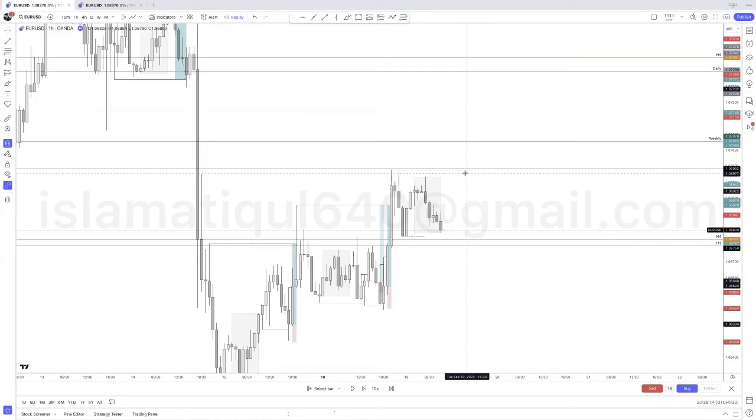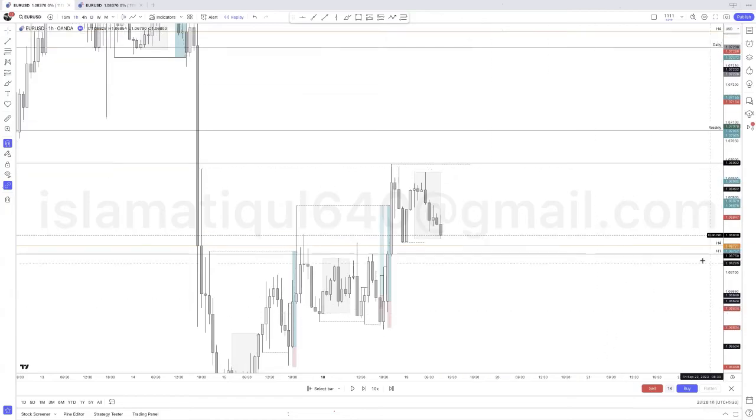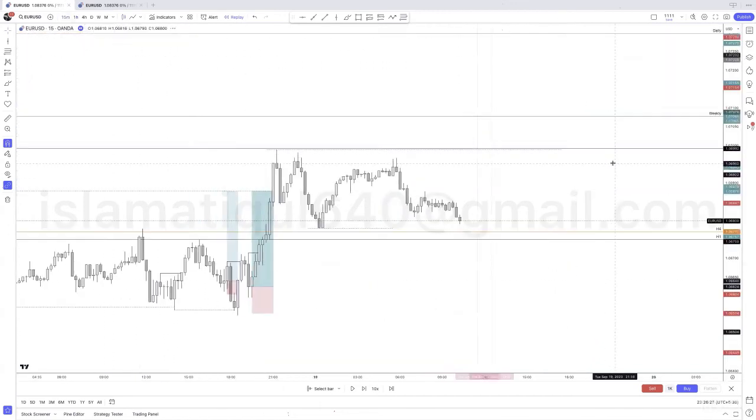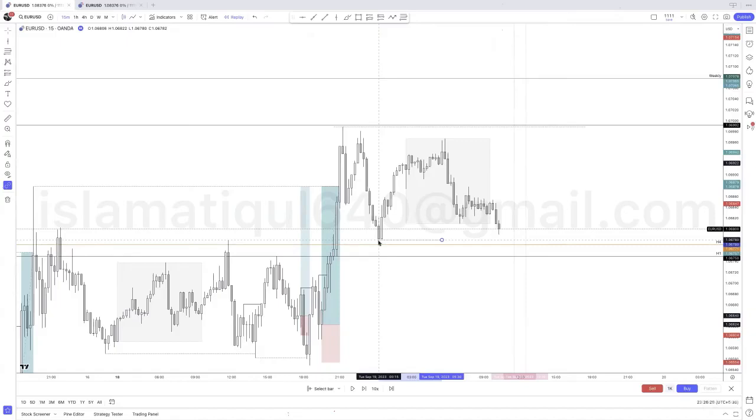And then timing, London kill zone and London open. We're going to time that. Wait for a rejection inside of this zone. If we get that, we're buying it up into the next zone. So let's see.